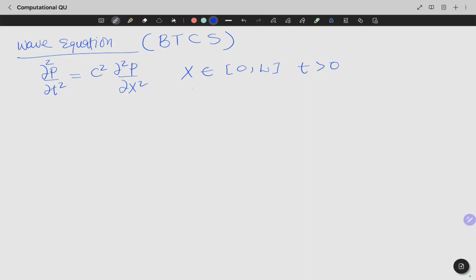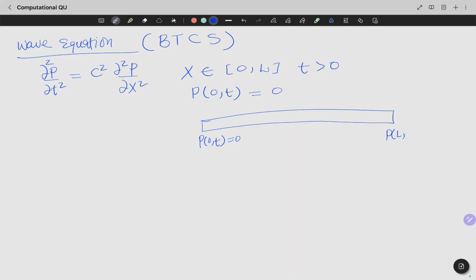Let's assume that p of 0 comma t equals 0, and p of L comma t equals 0. So no value of the pressure here, no value of the pressure here, but we can see what happens in between. That's the Dirichlet boundary condition.